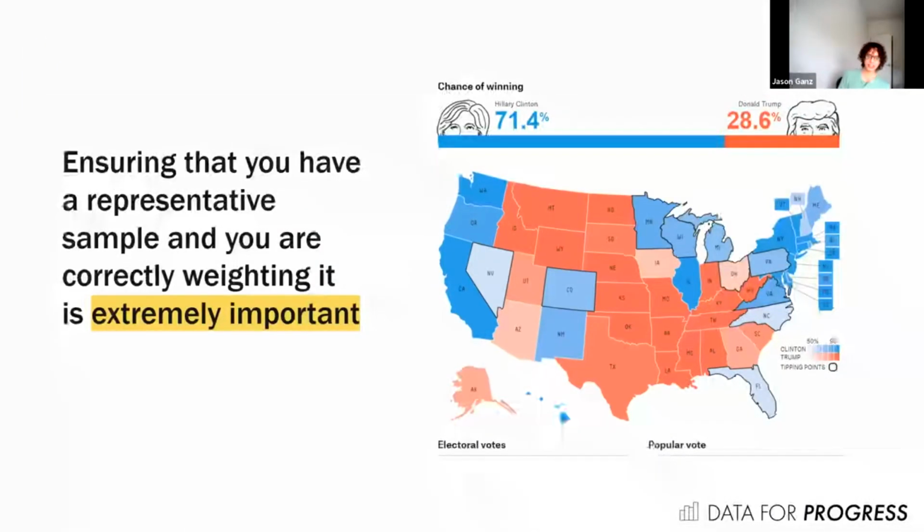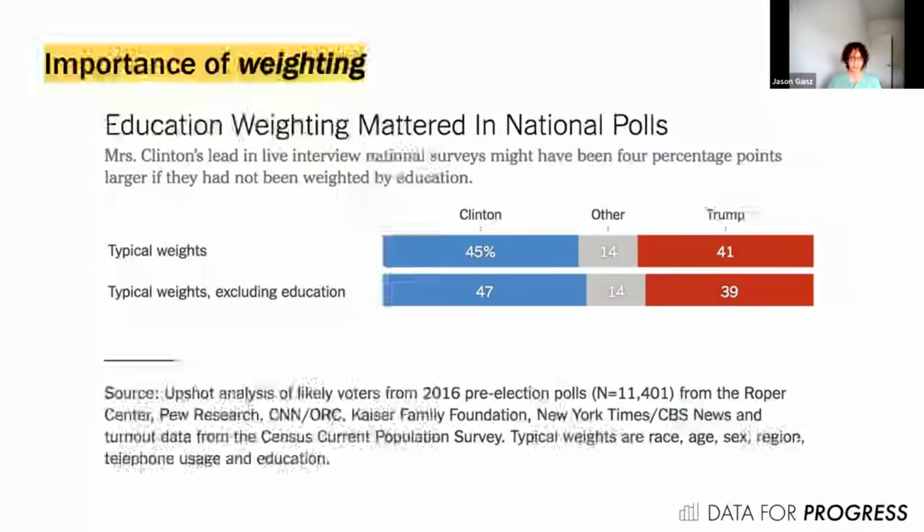So a good example of this is that in 2016, there was one dimension that was often not being weighted on that caused people in the polling community to miss an extremely important trend and led them to underestimate Donald Trump's chances of winning the election. And that was education.